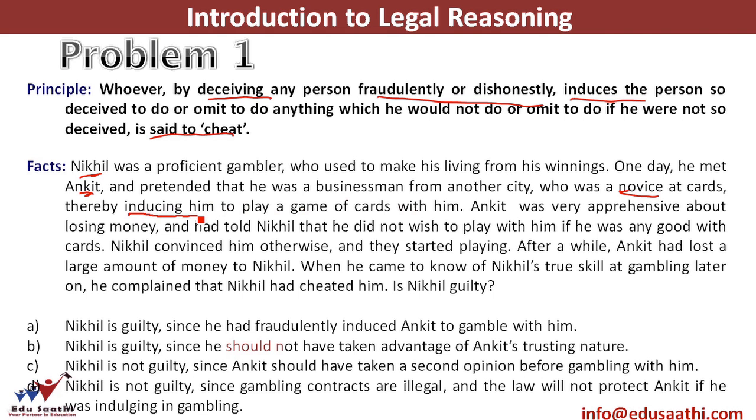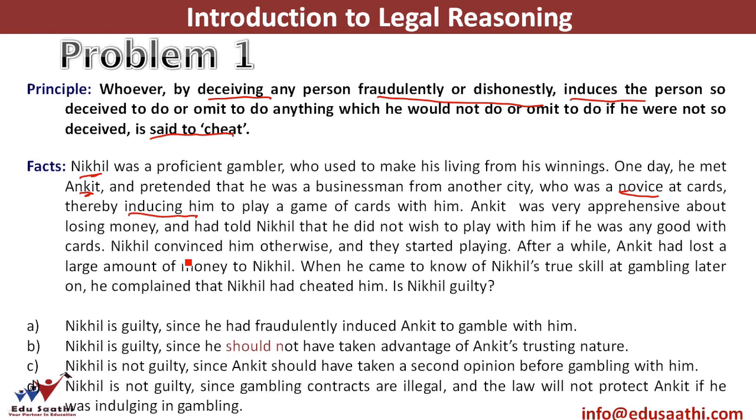So here is inducement. Ankit was very apprehensive about losing money and had told Nikhil that he did not wish to play with him if he was any good with cards. Ankit might have had little money, so he was apprehending that if I play with you, if you are a good player at cards, then I am not willing to play because I will lose my money.